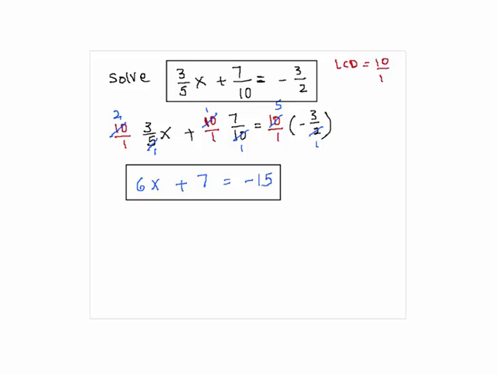So the next step, that's true. The first thing you look at is you want to eliminate 7/10 and multiply both sides by the reciprocal of 3/5, which would be 5/3. That is fine. But if you do that, then again you have to deal with fractions throughout the problem, which in this case we don't have to.